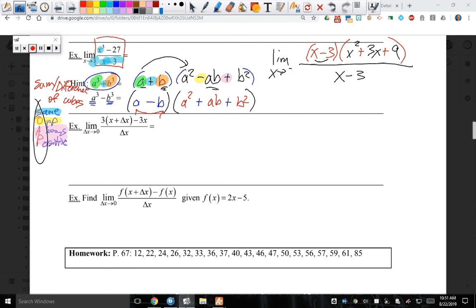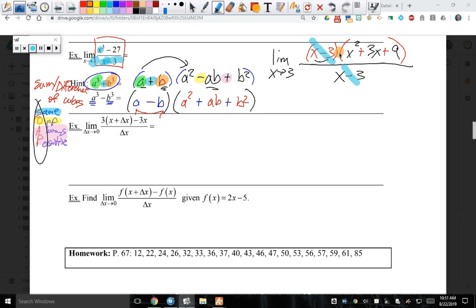This is a cancellation form of what? 1. What exists here that allows me to cancel right there? Multiplication. You cancel between multiplication, not between additions and subtractions. Okay?